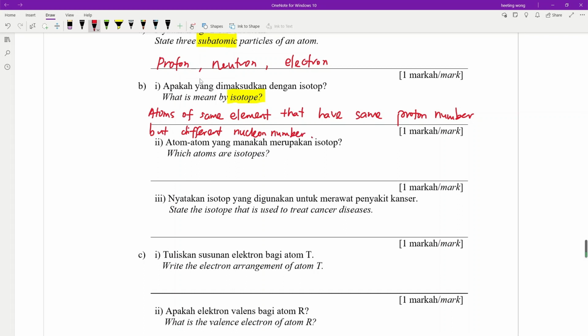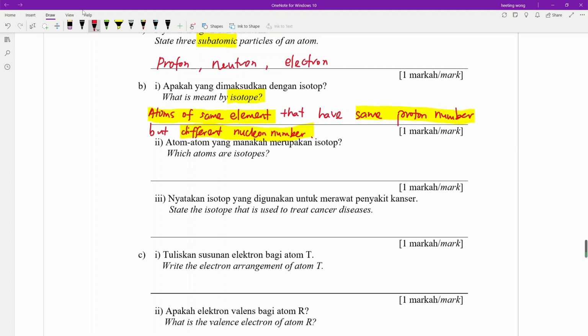Here you also can replace with same number of protons but different number of neutrons, also accepted. So remember to mention atoms of the same elements, they have the same proton number but different nucleon number or different number of neutrons.